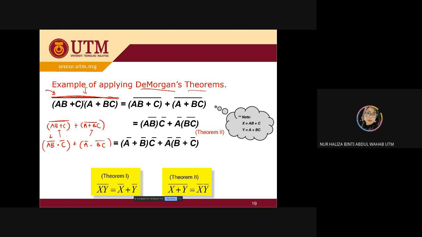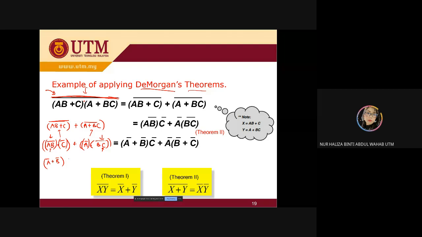You have another bar, which is two variables. What you are going to do is, because this dot is referring to all of this, this dot referring to all of this, the same goes for the mathematical. You can see A bar plus B bar.